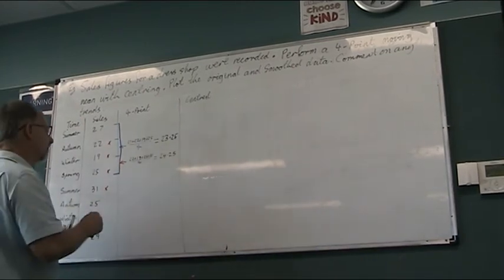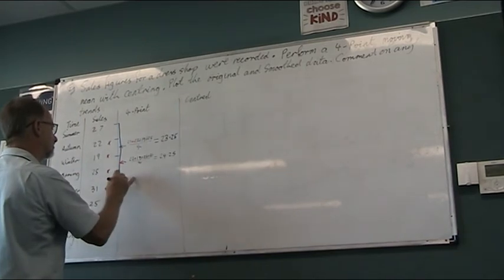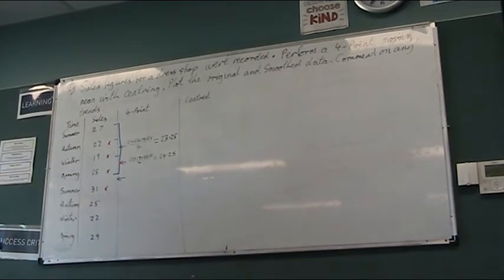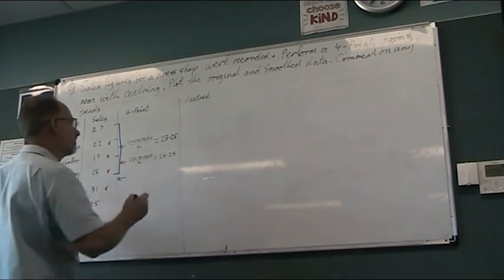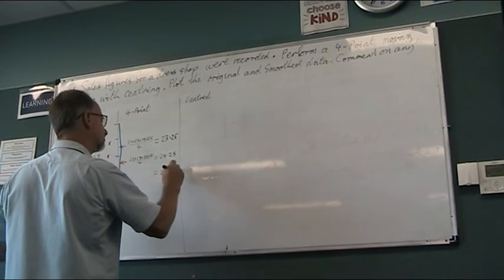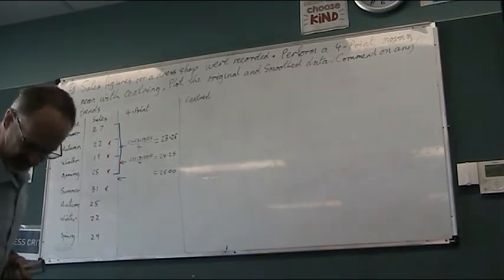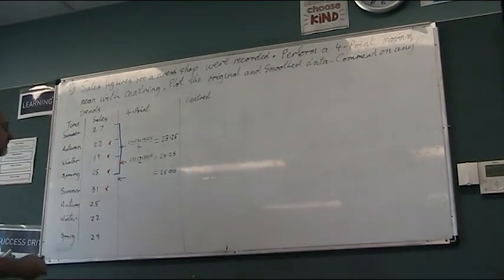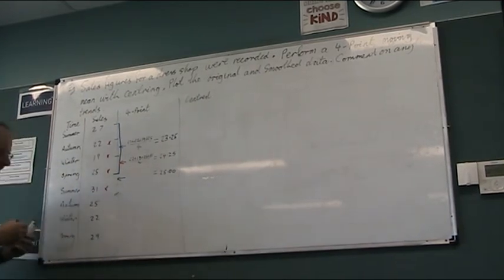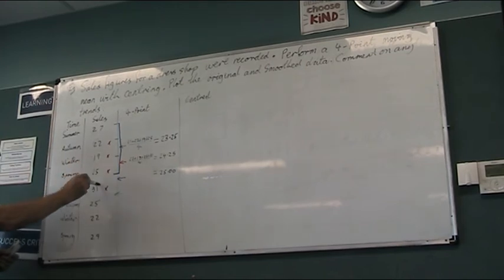That next 4 will put our moving mean here, and seeing as I've done that before, that's 25.00. Then the next 4 puts the moving mean here. So that's these 4.